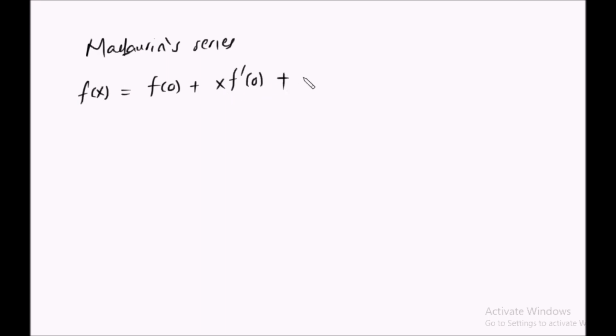So again, I'm going to write that Maclaurin series formula again. So from Maclaurin's series we know that f of x is just equal to f of 0 plus x times first derivative of f of 0 plus x squared over 2 factorial second derivative actually.